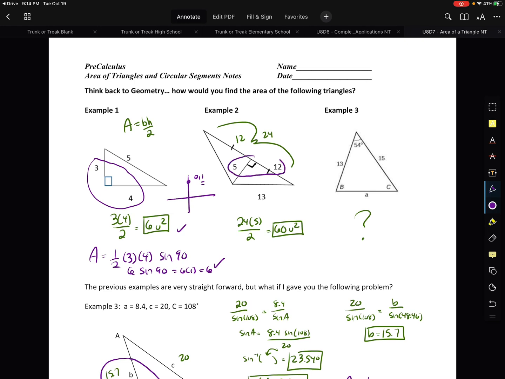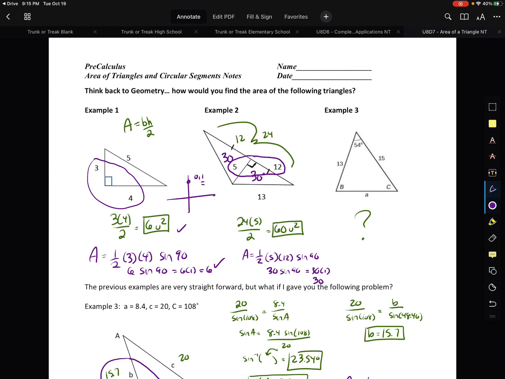All right, if we look at this, again, area equals 1/2 times 5 times 12 times sine 90. So in this situation, 30 sine 90 equals 30 times 1, to get 30 units squared. And since these are congruent, they're both 30. So our formula does work.